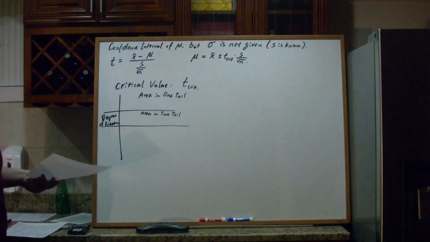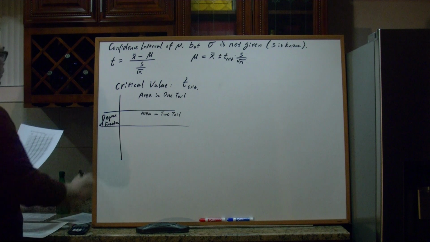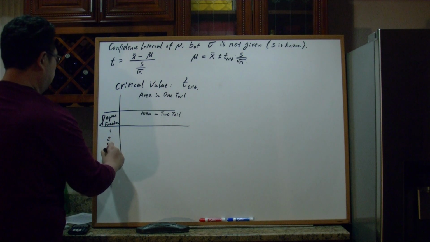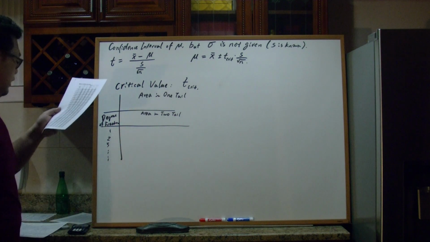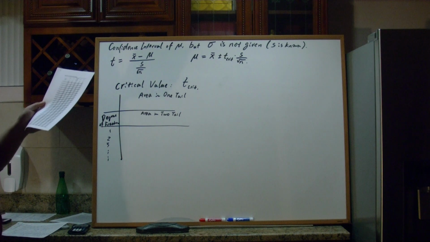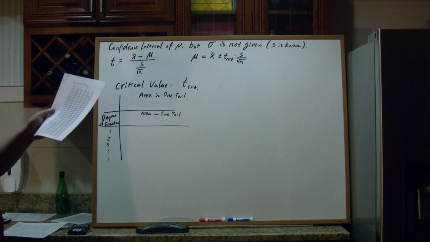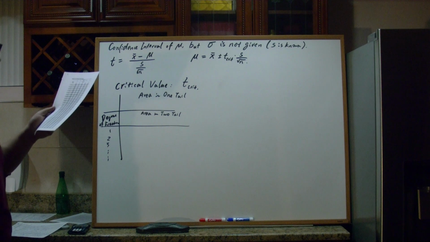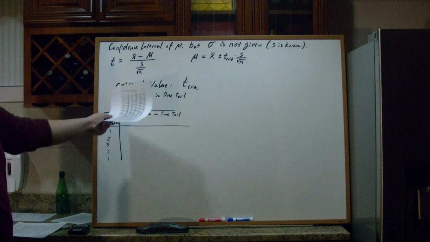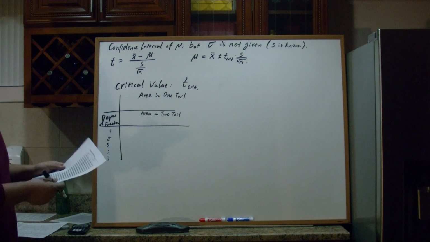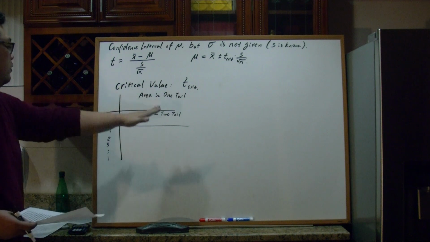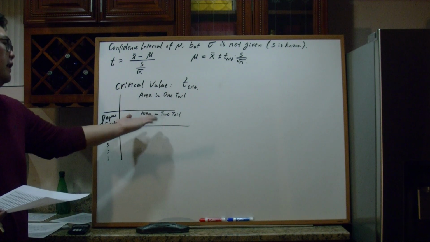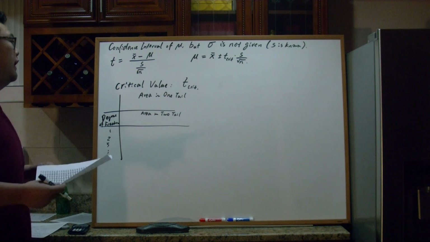On the left we can see the degree of freedom with a bunch of numbers 1, 2, 3, and so on, all the way to 38, 39, 40, 45, 50, and so on, up to 2000, a large number. Then area in one tail and area in two tails are the rows. A column and a row still use the idea that the intersection will be the thing we want to find.